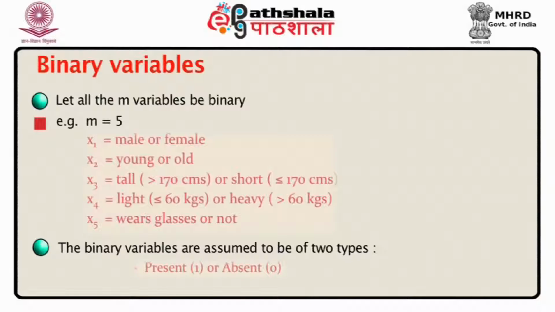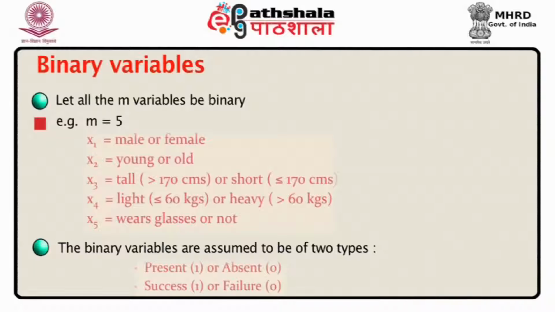So, some persons have glasses, that is, glasses are present in this case, and for some persons they don't wear glasses, so glasses are absent in this case. So, we can have a present or absent type of variable, as opposed to what is referred to as success or failure type of variable.